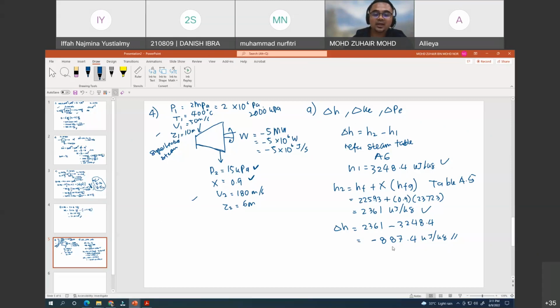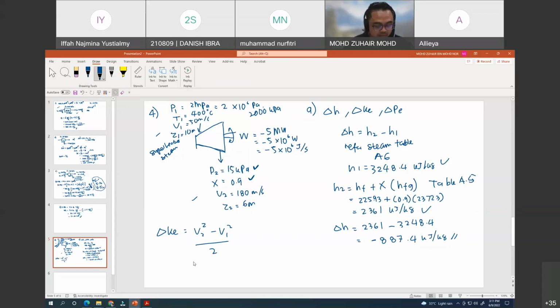And then after that, we want to calculate also the delta KE. KE is (V2 squared minus V1 squared) per 2. There's no M, because this is a specific apa tu? This is a specific KE, so it already has M in it.